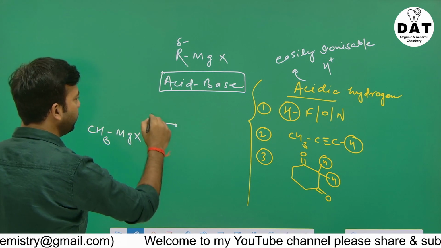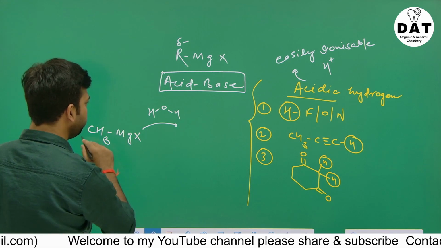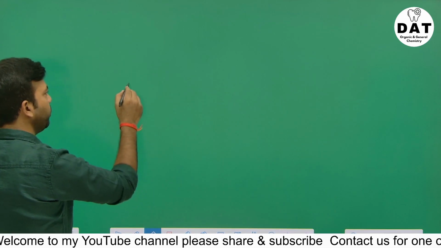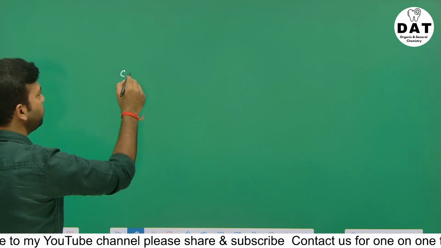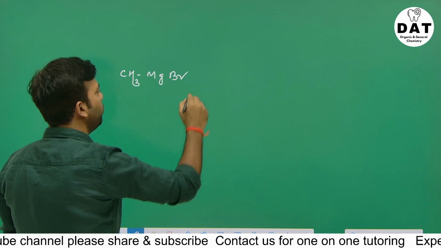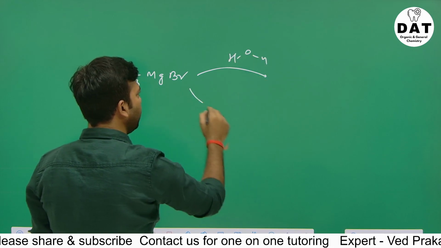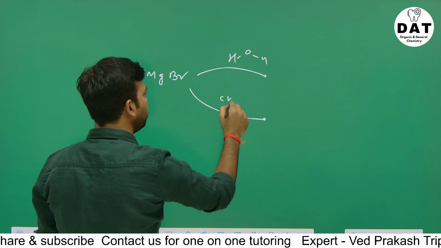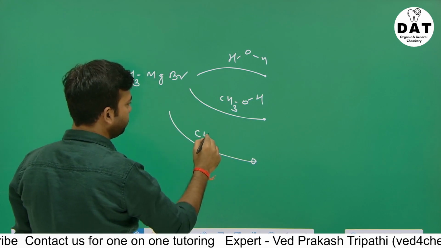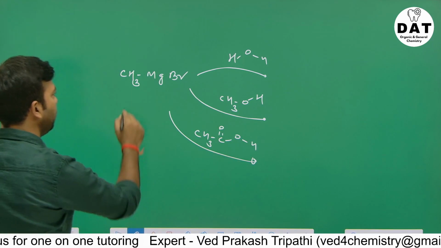So suppose you have the Grignard and we are going to treat them with water. Okay, I think I should discuss in the next slide. Suppose here we have Grignard and I am going to react them with water, alcohol, acid, amine.